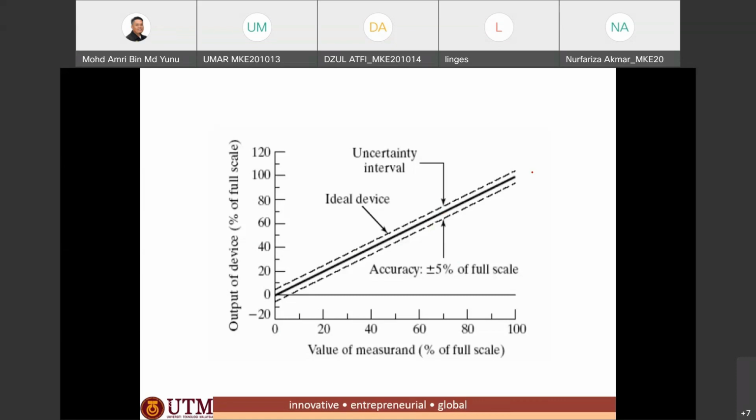So uncertainty tells us the limit, the interval of our measurement. It's not the error itself, but it shows us the level of confidence of our measurement.